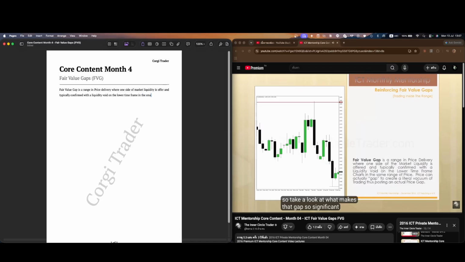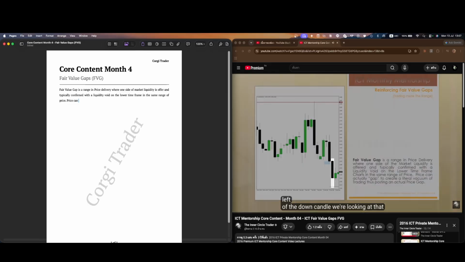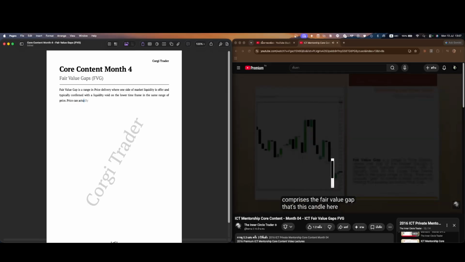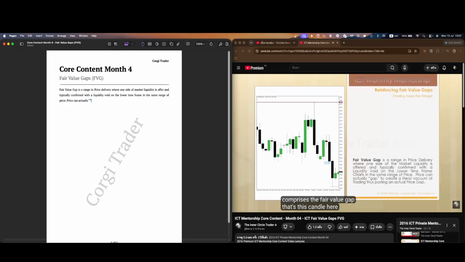So let's take a look at what makes that gap so significant. As you can see here, the candle to the left of the down candle we're looking at that comprises the fair value gap, that's this candle here. And to the left of that, we have the higher bearish candle, and I'm drawing attention to the fact that it has a down close, but it's come off the low.